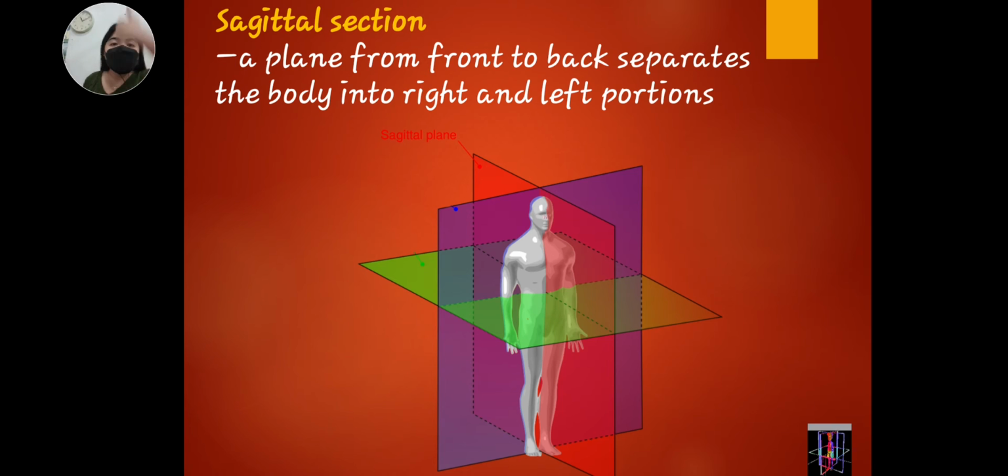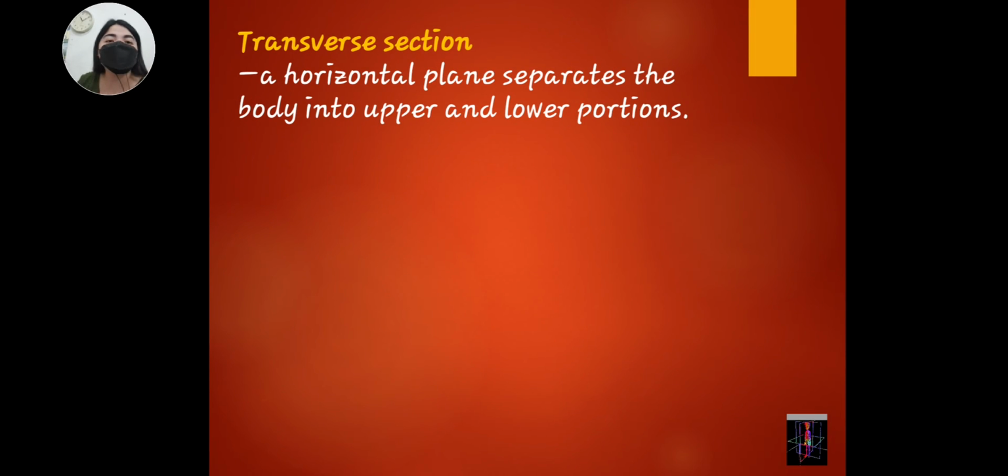It separates your right and left portions. So here the sagittal separates the right and left portion, while the coronal is here, separating the front and the back. Okay? Let's proceed to another.